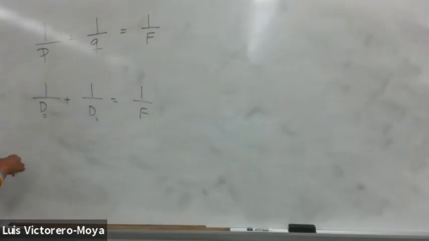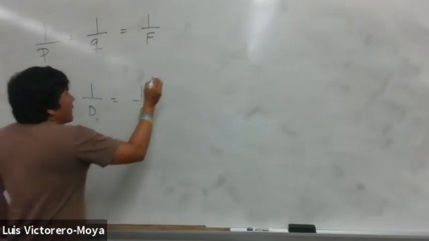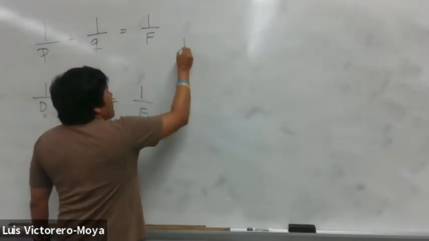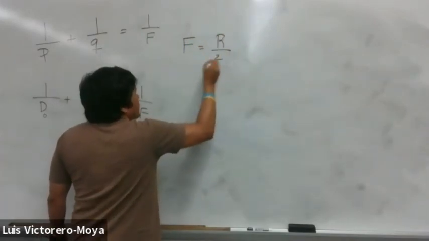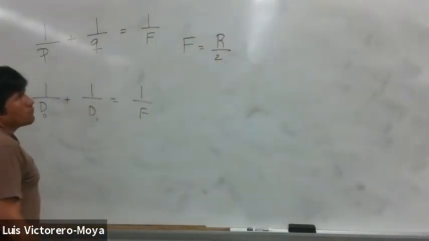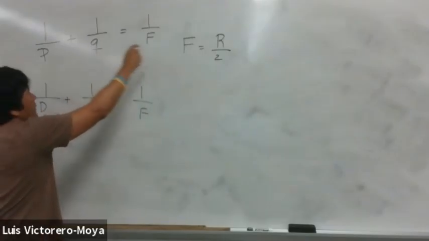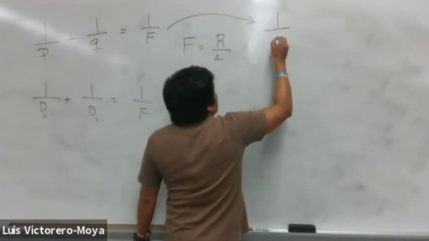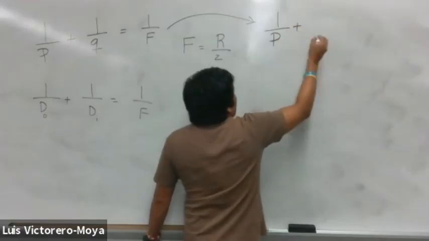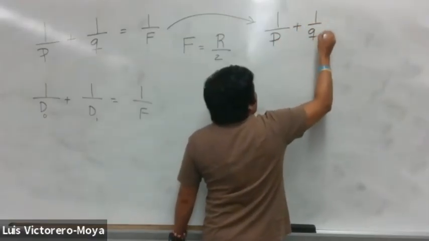In any case, remember that the focal length is the radius of curvature divided by 2. If you have that, then this equation becomes the other form, which is in some books, by the way.